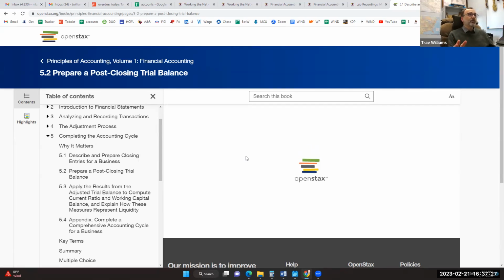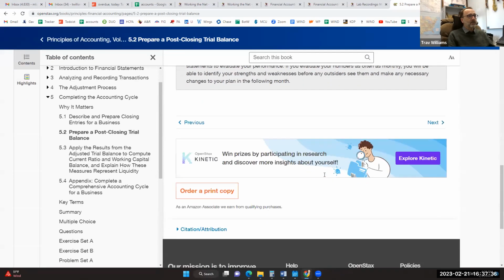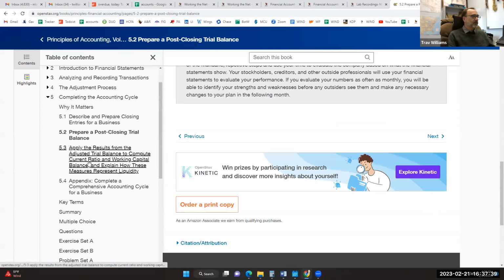This is a useful graphic to use when you're trying to figure out if an asset is current or if it's long-term.